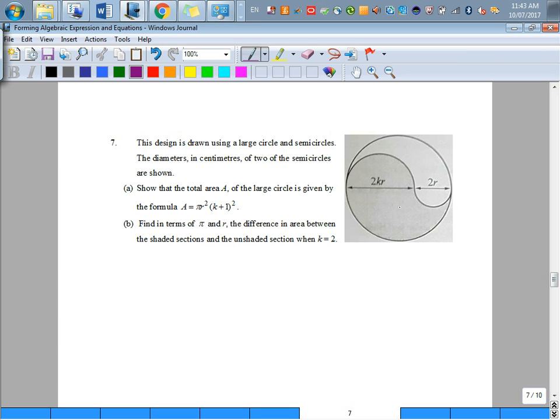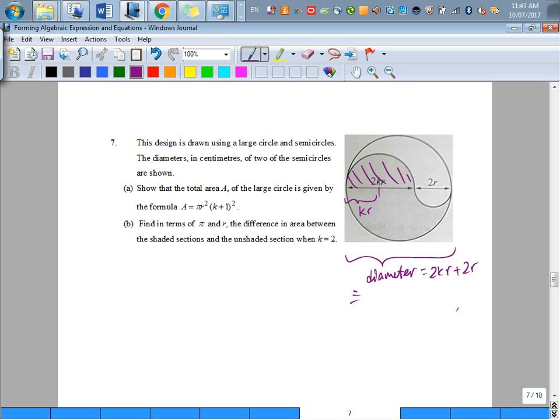Okay, this one over here is a semicircle. This semicircle has radius of kr. Then you have a big circle. The big circle has a diameter equal to 2kr plus 2r.